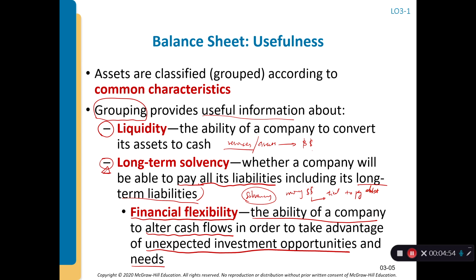Because you have too much debt, you have a solvency problem, because if you have any unexpected situation, you have a low ability to pay your debt, right? So that's what we call a solvency problem.